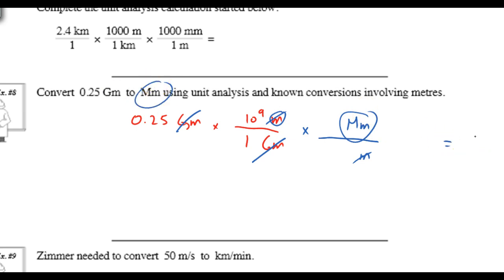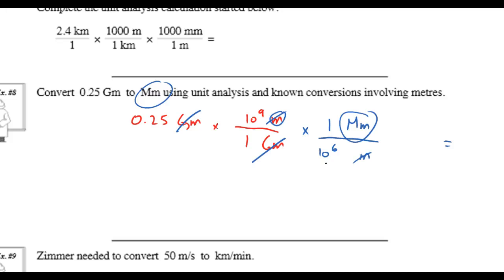So, how many meters in a megameter? Well, 1 megameter has 10 to the 6, or in other words, 1,000,000 meters.